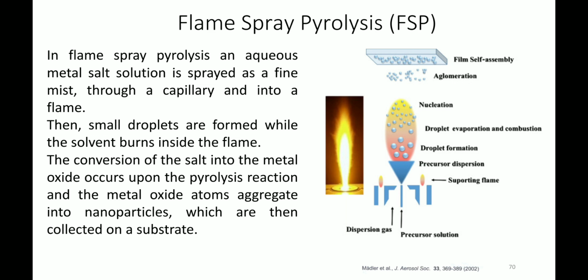This is the process that takes place in flame spray pyrolysis, the working principle behind this method. So you understand how nanoparticle formation from precursor takes place through this flame.